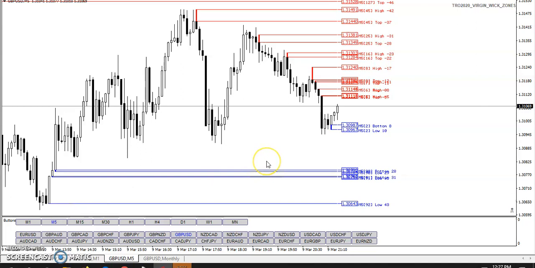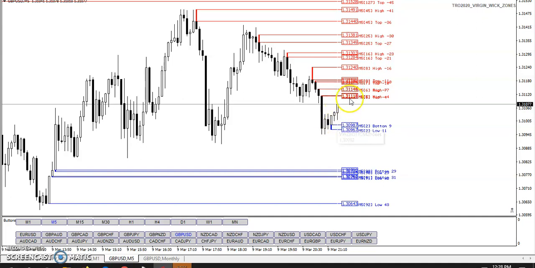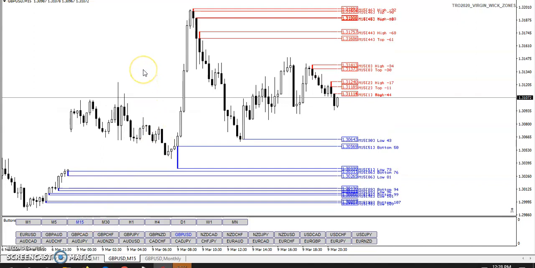Scroll through to M5. And so the other thing is, when you see this virgin wick zone and price doesn't get to it and starts, that's when you can see, okay, price is trying to move up. Then when it gets here, then you'll see, okay, price is trying to move down. I know, it's like, well, duh, but it's obvious, but sometimes people don't see what's right in front of them.